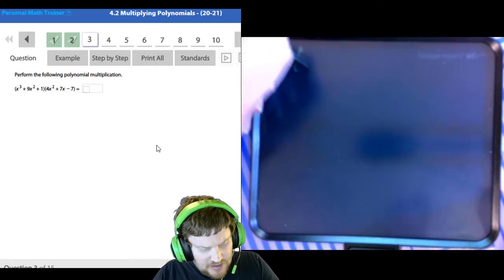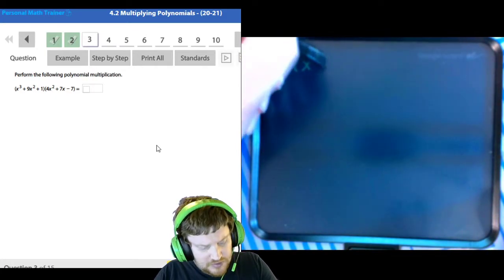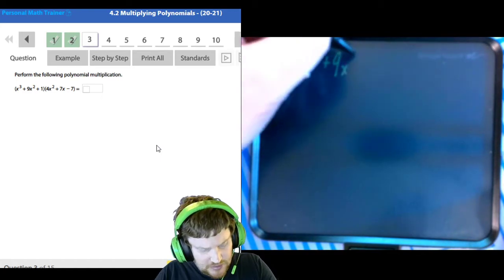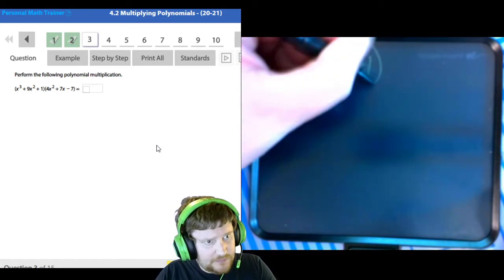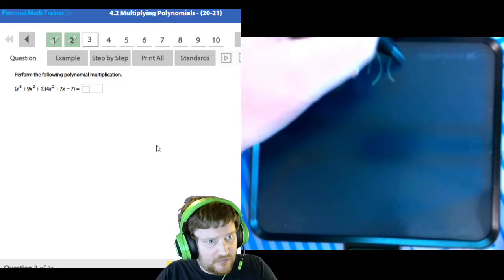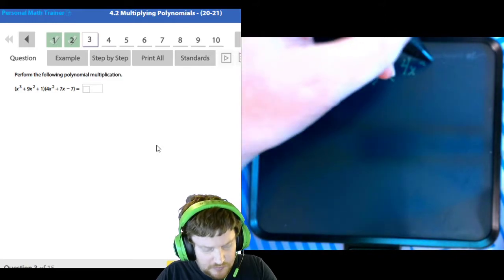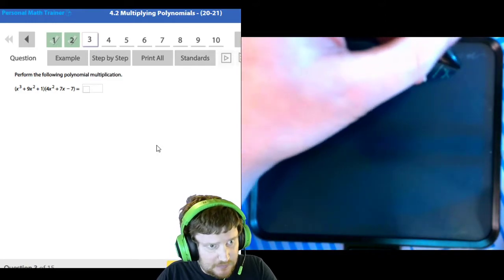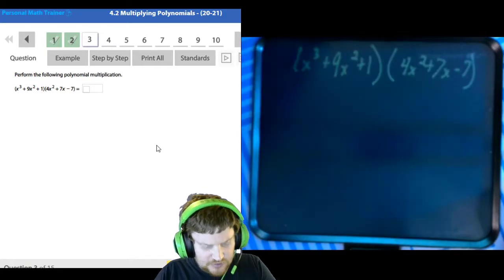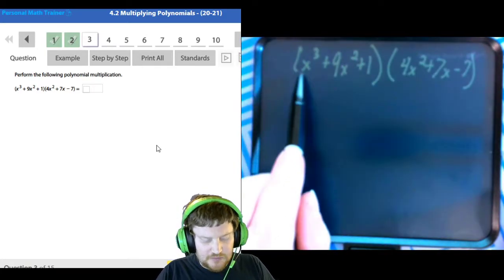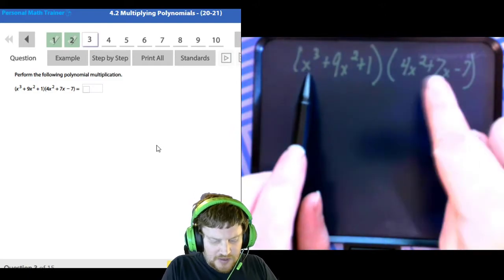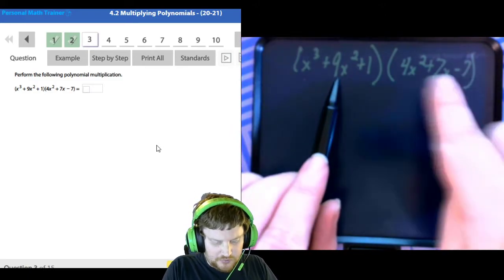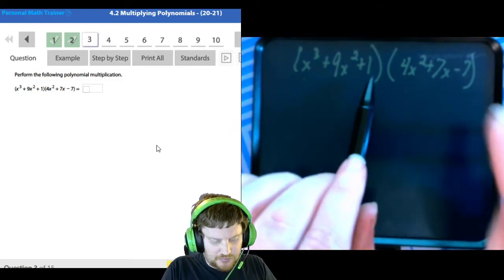So I've got x cubed plus 9x squared plus 1. Then I've got 4x squared plus 7x minus 7. So the way this one works is I just take the first term and multiply it by each of these, then the second term, multiply it by each of these, third term, multiply it by each.